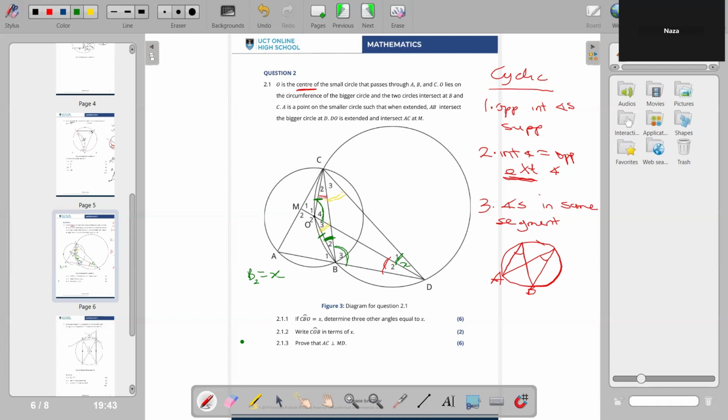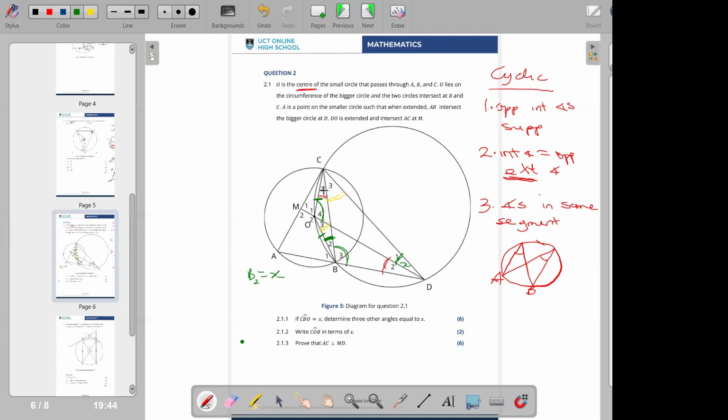So when you write that, you are going to start by stating that in triangle OCB, we agreed this is equal to x, that's C2.